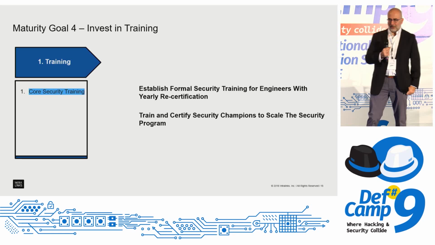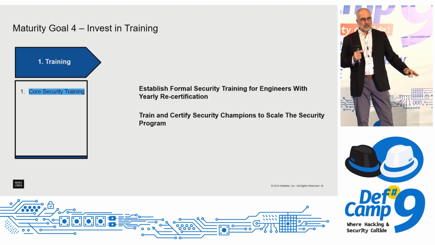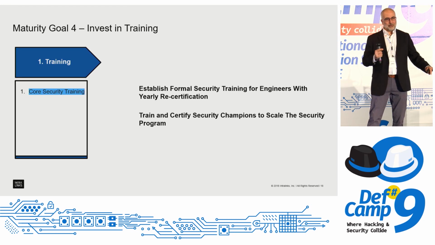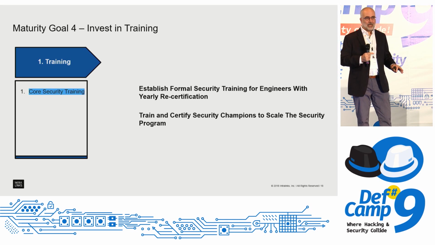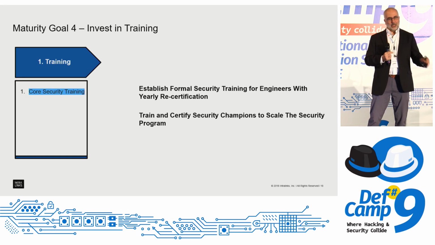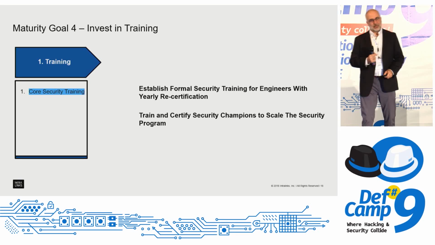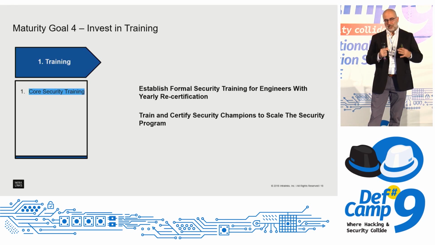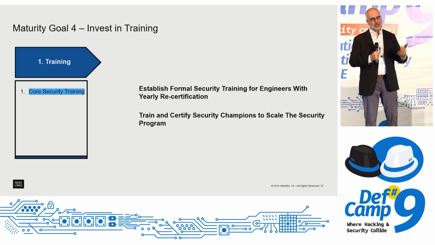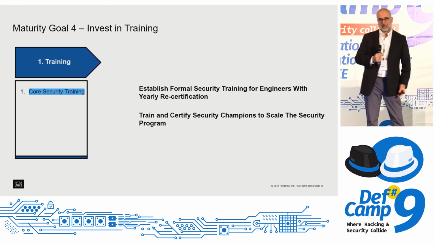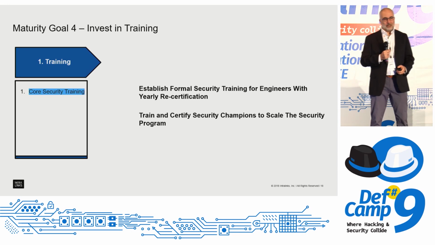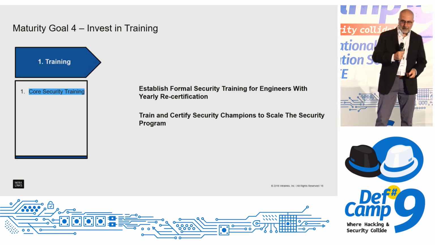So you need to find a way of scaling through deputizing people. We call them security champions. We train them and we try to make them present in every Scrum team so they can represent the security view during these discussions. And again, the closer you are to the actual implementation teams, the better the chances that mistakes will not be made.